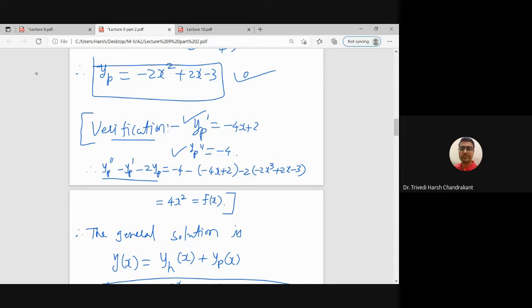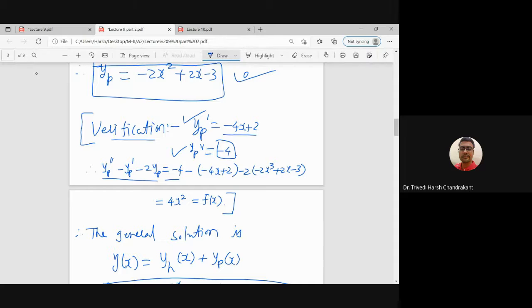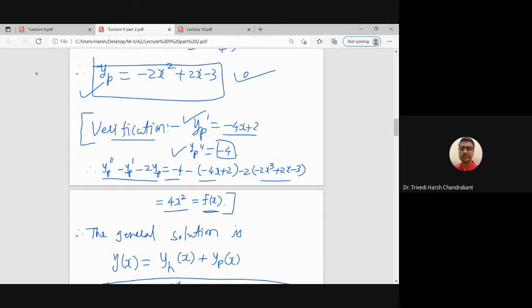So we substitute Yp double dash, that is minus 4, then the first derivative and the function itself. If you simplify, we'll get 4x square, which is the right hand side function of the equation. So that means Yp is basically a particular solution of the given non-homogeneous equation.